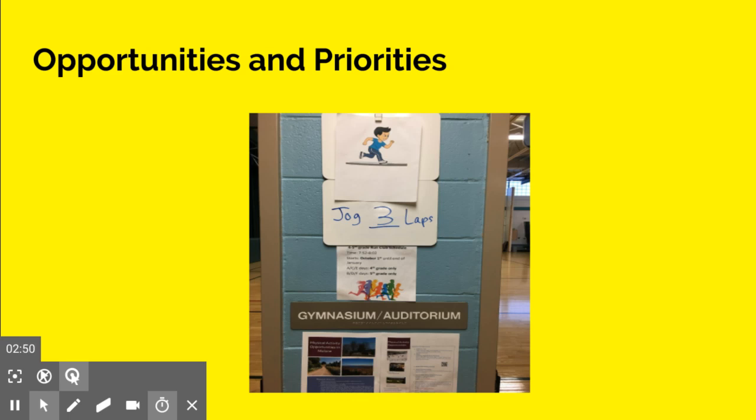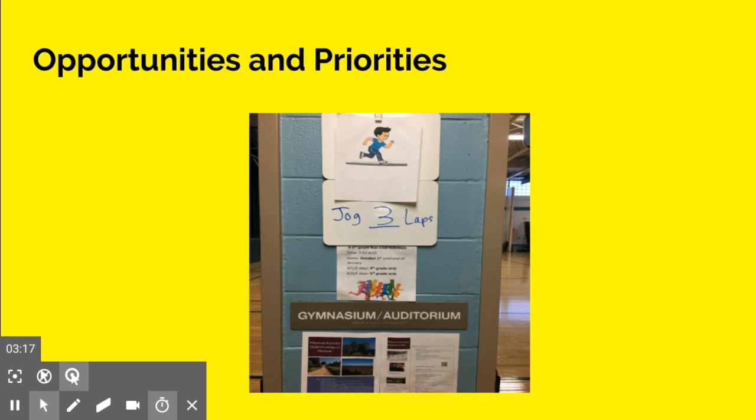Some priorities that were found based off of the evaluation are, first off, school districts. Malone Central needs to create a K through 12 physical education curriculum that aligns with state and national PE standards and outcomes. PE classes need to engage in more moderate to vigorous physical activity for at least 50% of class time.